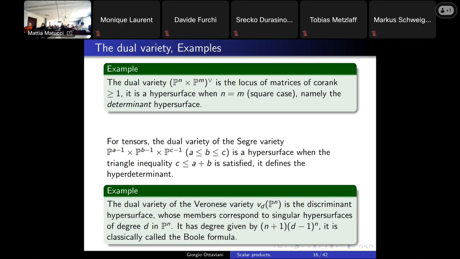In the case d equals 2, you see this formula drops and it's just the determinant, because it means a quadric. But for bigger degree, you see it grows exponentially with n, and it's quite high, and again, it's quite complicated to compute. But all these have in common just to be computed with this stupid geometric meaning of duality.